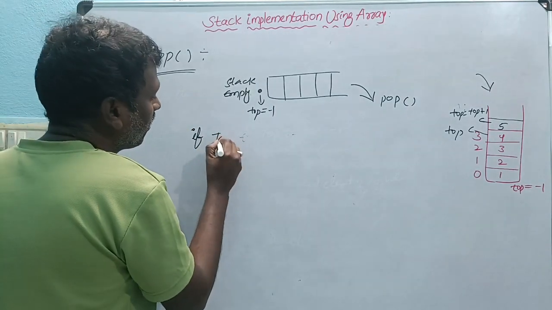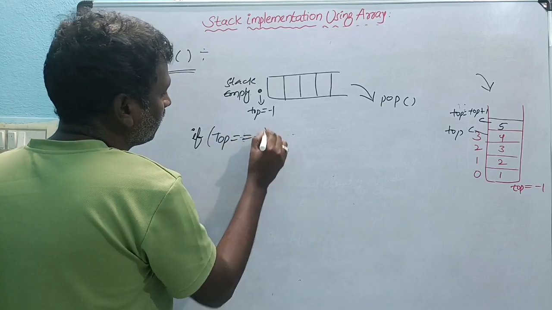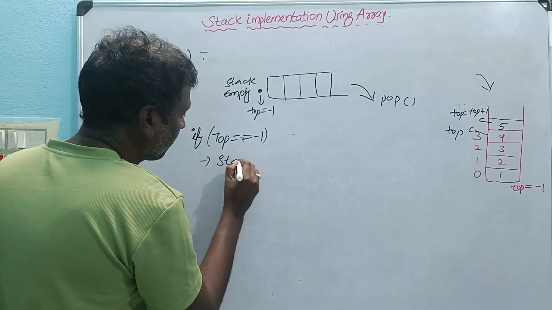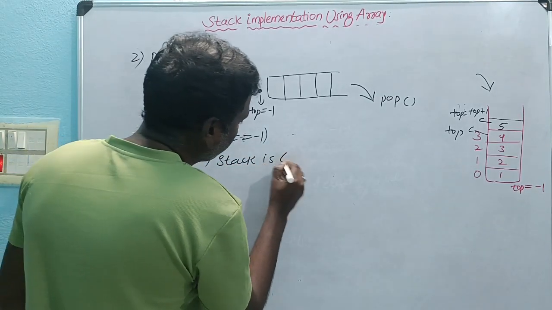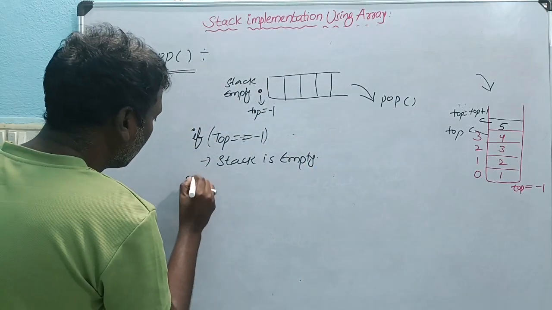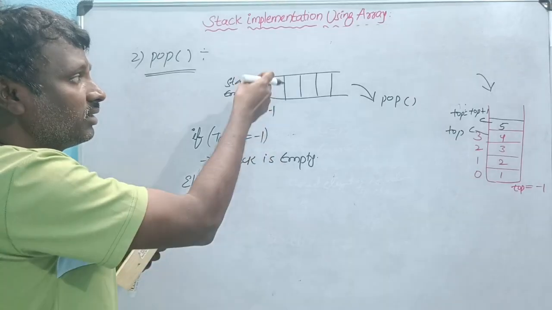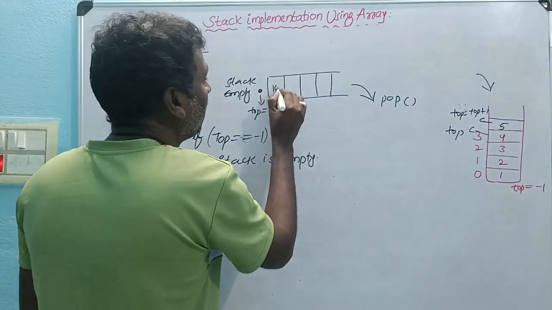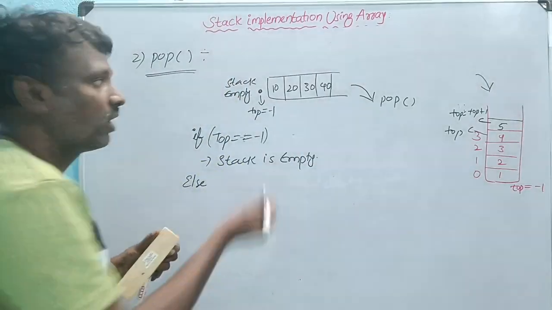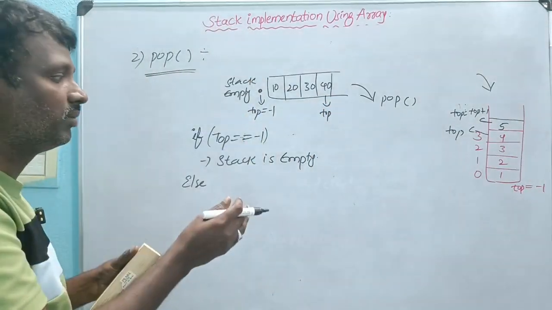If top equal to -1, then what happened? Stack is empty. Otherwise, else, if the stack is not empty, at that time that stack has some elements: 10, 20, 30, 40. This is the top element.